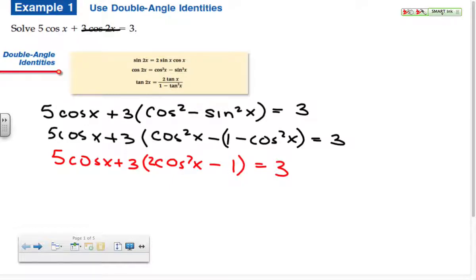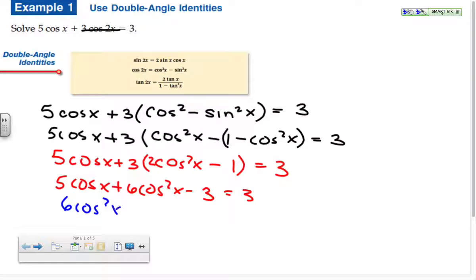I'm going to simplify some more. 5 cosine x plus 6 cosine squared x minus 3 equals 3. Now I'm going to move around so it looks like a quadratic. I'm going to have 6 cosine squared x plus 5 cosine x, and I'm going to also subtract 3 from both sides, minus 6 equals 0. So this is the first part.